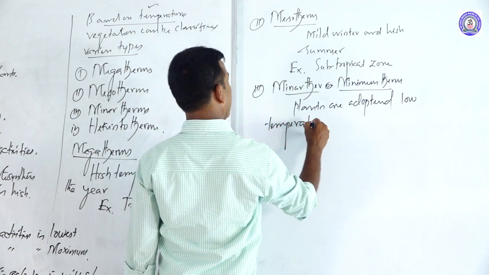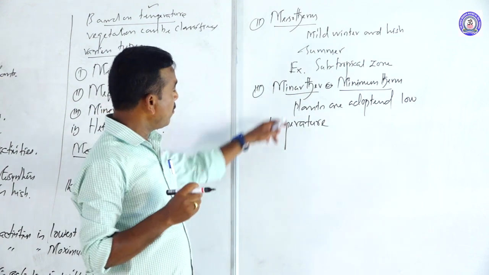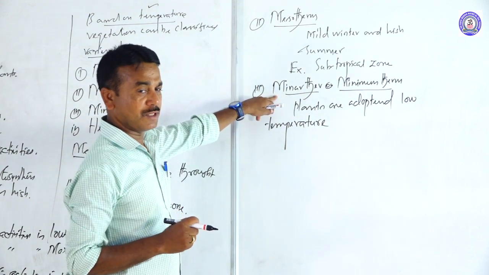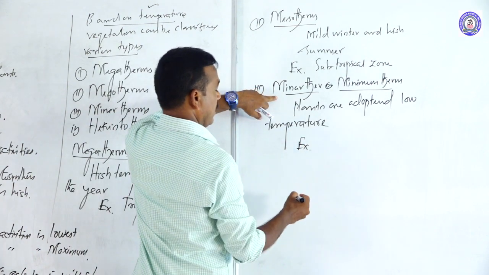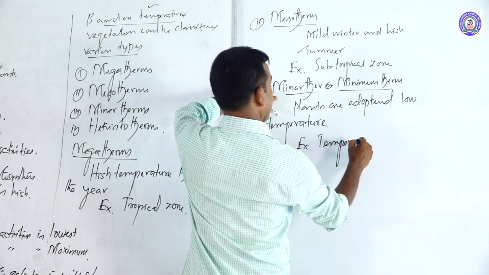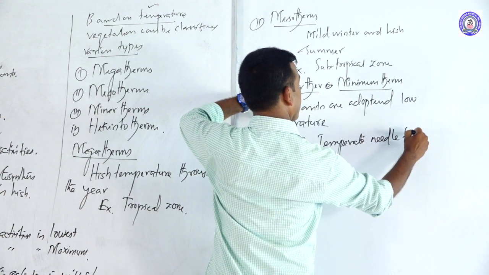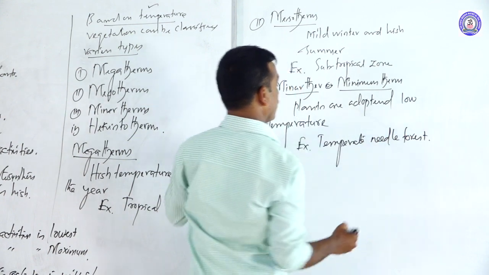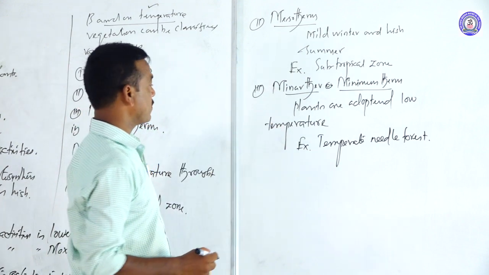Which plants are adapted to low temperature? Those are commonly called minor therms, also called minimum therms. Where do these plants usually occur? In the temperate needle forest. Those are the examples of minor therms, also called minimum therms.